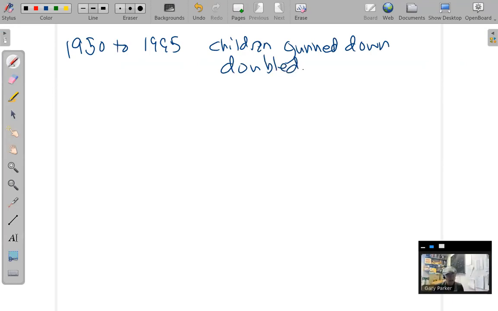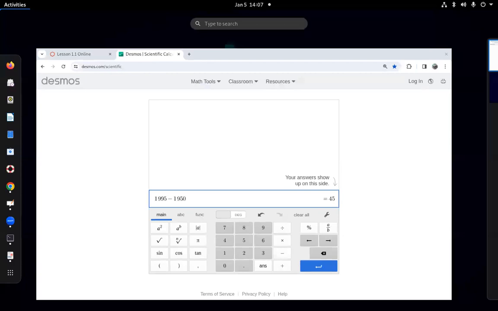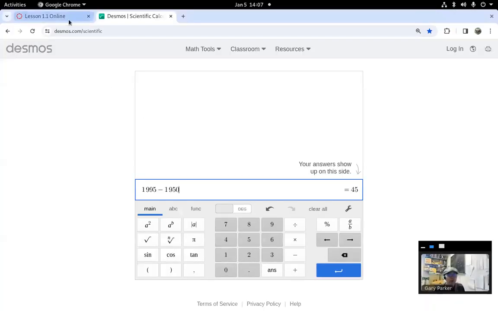Well, I really don't have enough information to say this is reasonable or not because I don't know how many were gunned down there and how many there are here to see if it's reasonable. So just on face value, maybe they say there were 10 there and 20 there, right? That's doubling, times 2. So let's think about that.